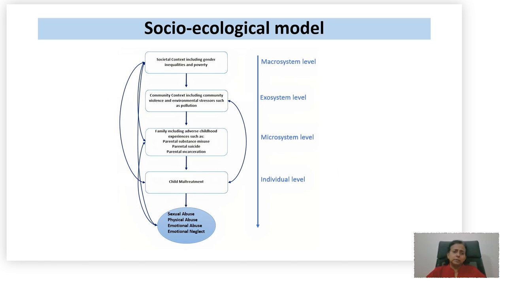The other part that we need to understand is the socio-ecological model.